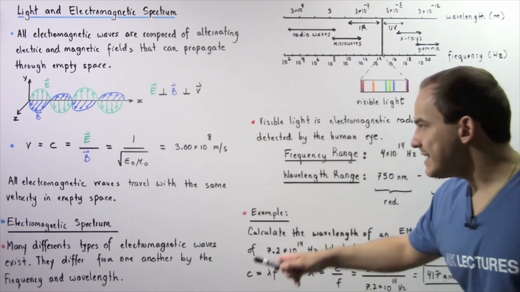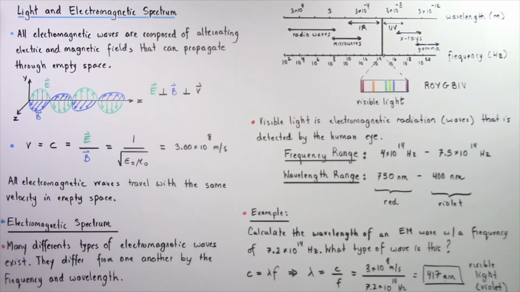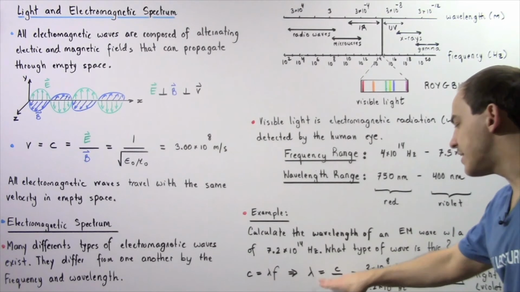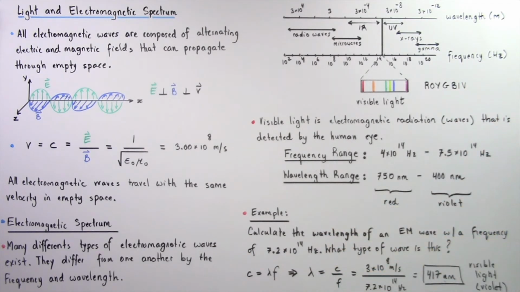We know what c is. It's this value because we're assuming our wave is propagating through empty space. So we rearrange our equation and solve for the wavelength. The wavelength is equal to c divided by the frequency. So 3 times 10 to the 8 meters per second divided by 7.2 times 10 to the 14 hertz gives us about 417 nanometers.